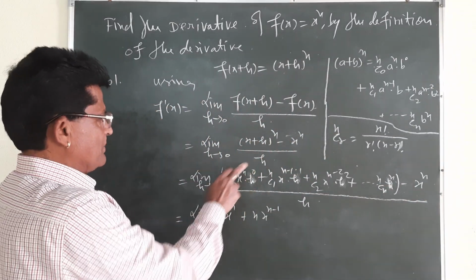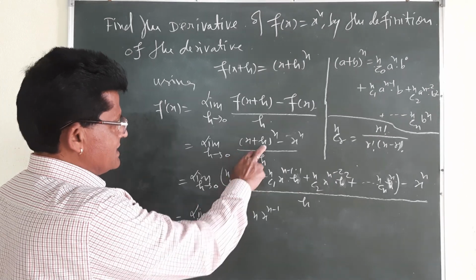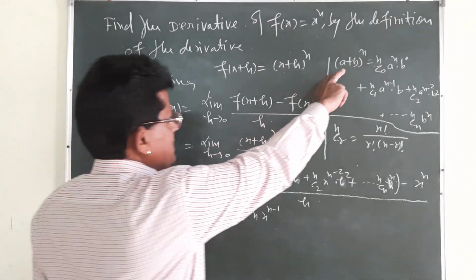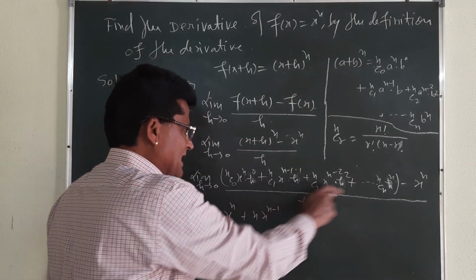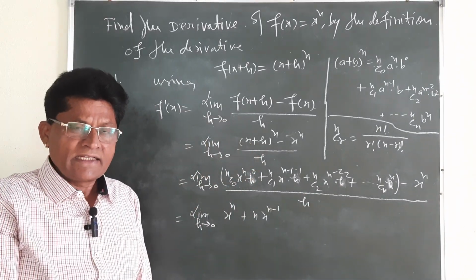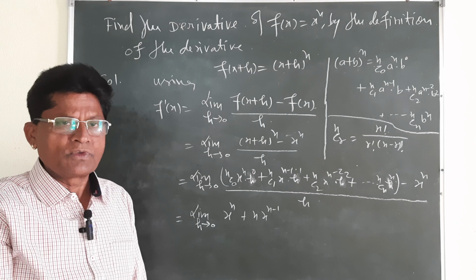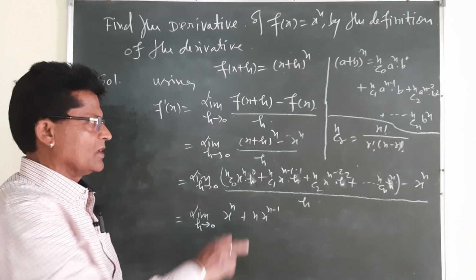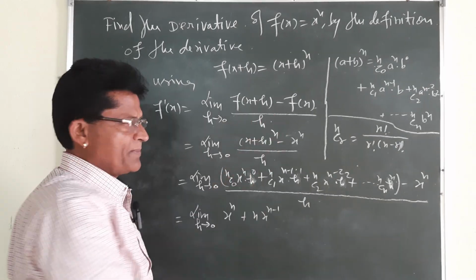In place of x we have already taken x, and in place of b you take h, because we are in need of h here. x plus h. We are going to substitute the value by using the binomial theorem of (x plus h) to the power n.